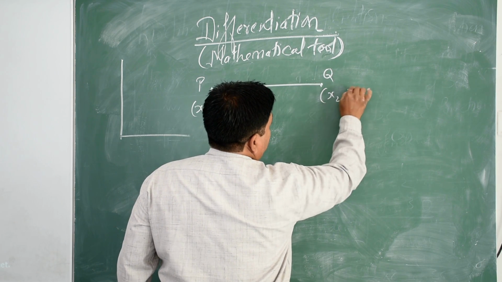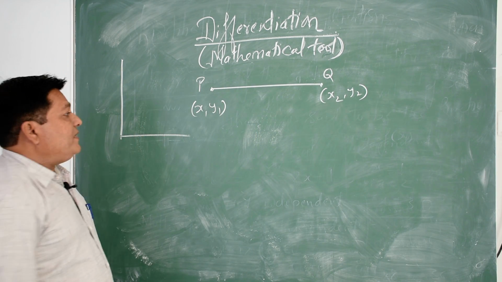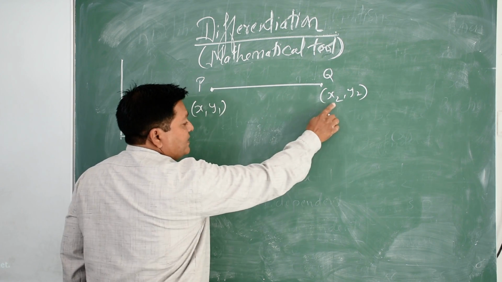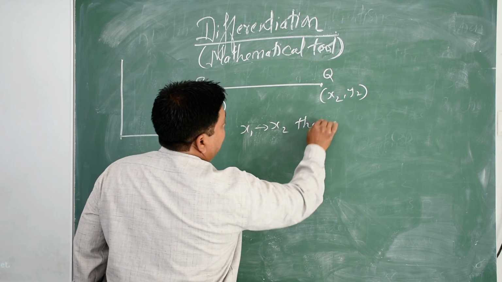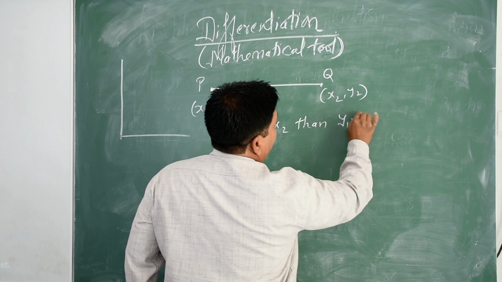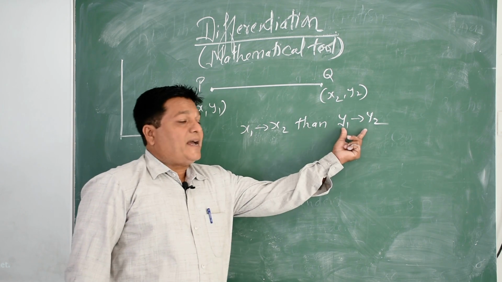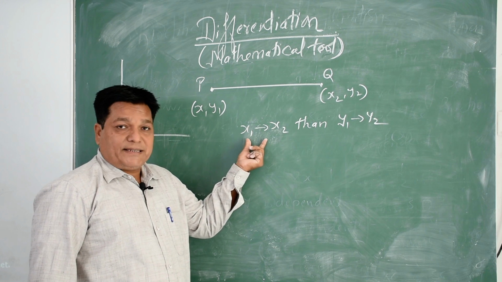Here its position becomes x2 and y2. So when x changes from x1 to x2, then y also changes from y1 to y2. It means that the change in y of a particle depends on the change in x.